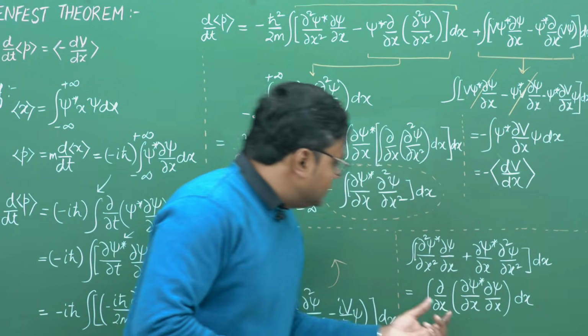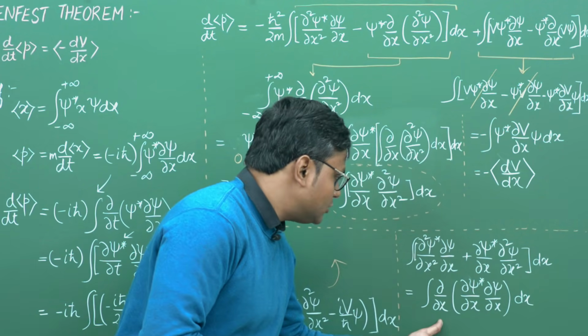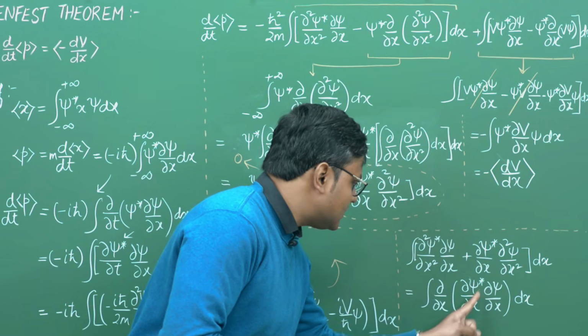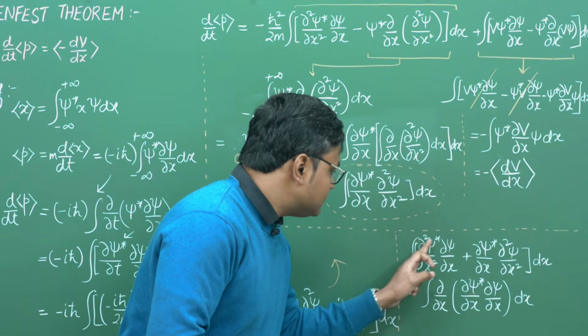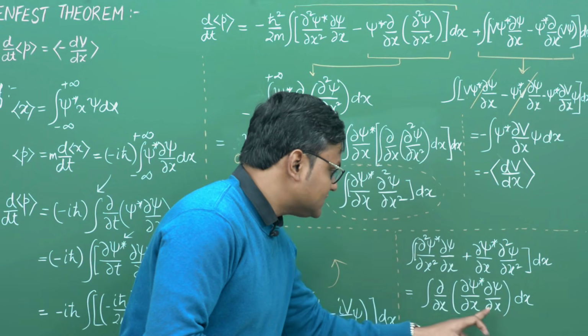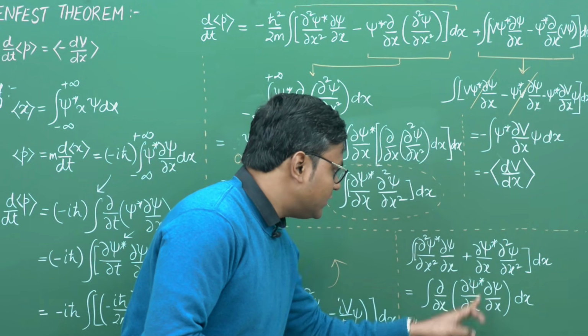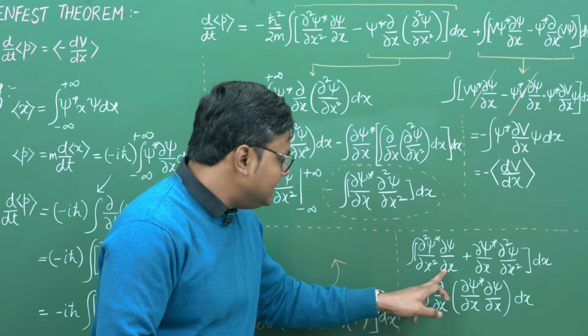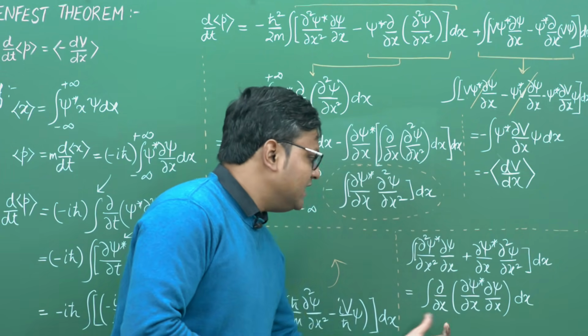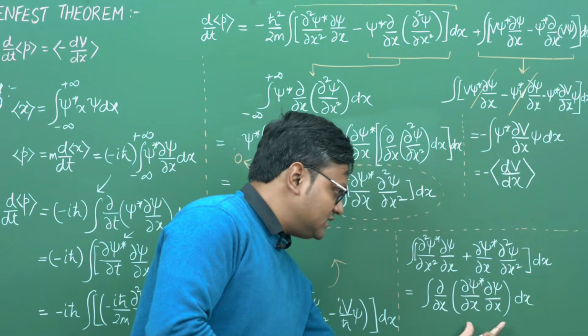So if I do a derivative with respect to x of this term, del psi star upon del x times del psi upon del x, then I should get del 2 psi star upon del x2 del psi upon del x plus del psi star upon del x and del 2 psi upon del x2. It's kind of obvious from here. So again, del by del x of this function being integrated with respect to x gives us this.